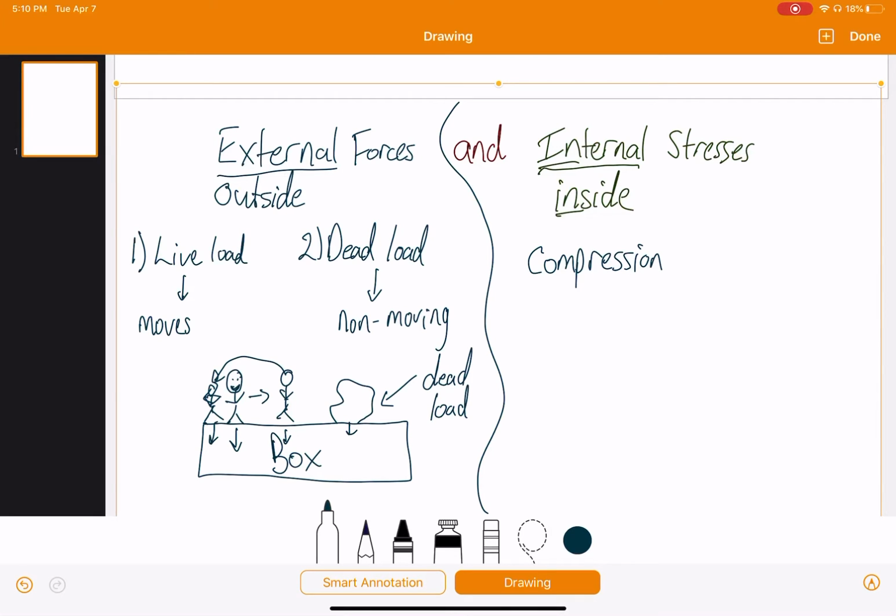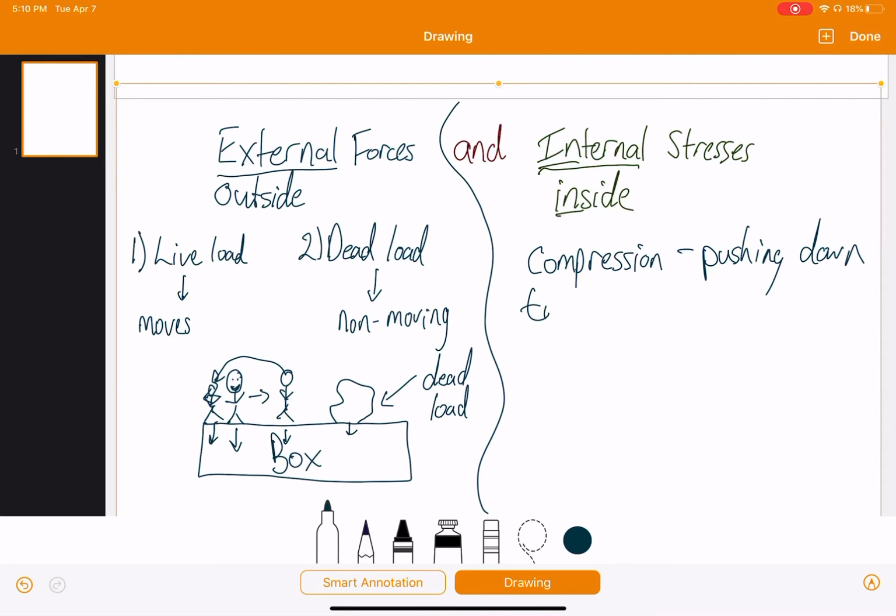Now, when we come over to the side of internal stresses, these happen because of a live or a dead load. I want to stress that first. You have the live or the dead load first, the external force, and then that creates something on the inside of the object that you're looking at. So again, we have compression, and that is basically pushing down.